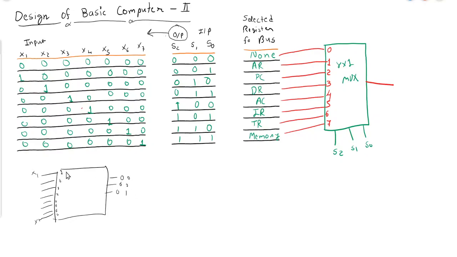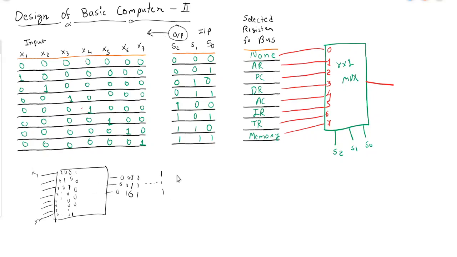If the value of x1 is 0 and x2 is 1 and the remaining are all 0, then we will get 0 1 0 as output. If x1 and x2 are 0, x3 is 1 and the remaining are all 0, then we will get output 0 1 1. Similarly at last, if the input x7 is 1 and all others are 0, then we will get 1 1 1 as output of the encoder.